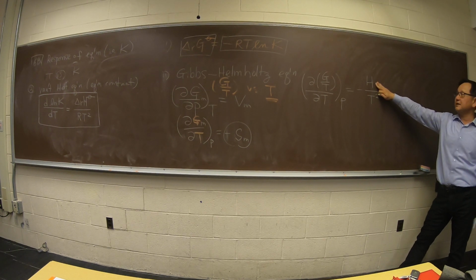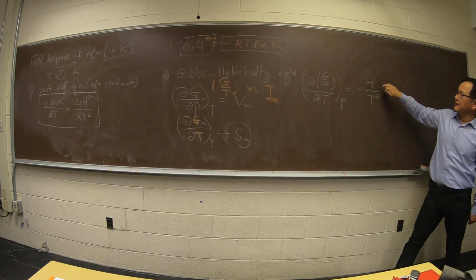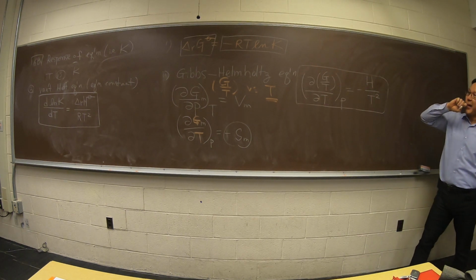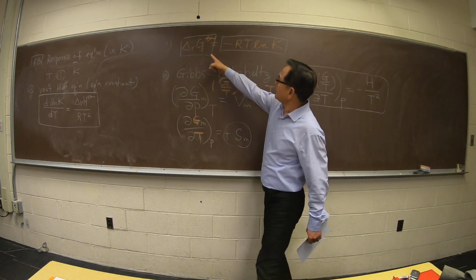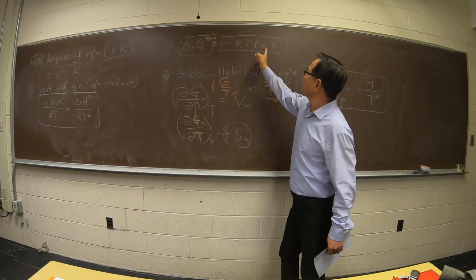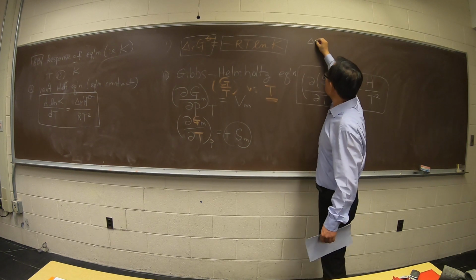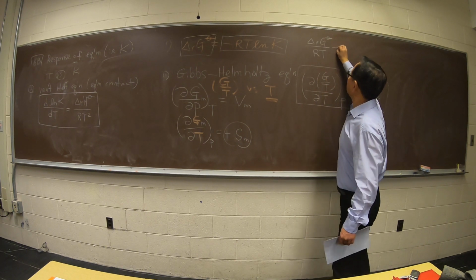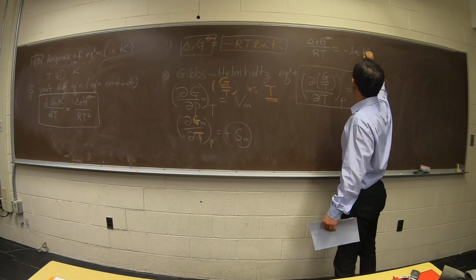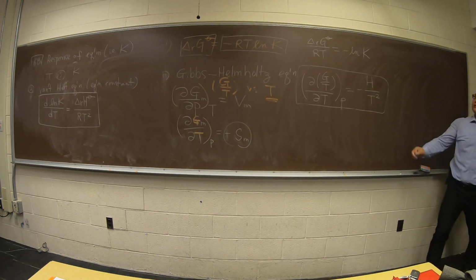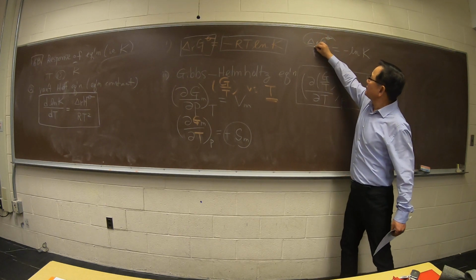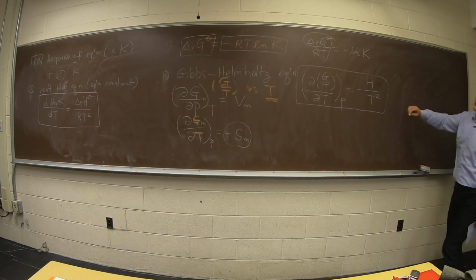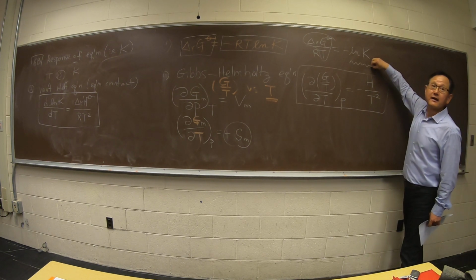This is heat under constant pressure, so people love to deal with this without dealing with entropy. And look at this: delta_r G naught divided by RT is just minus ln K, so G over T behaves just like ln K.